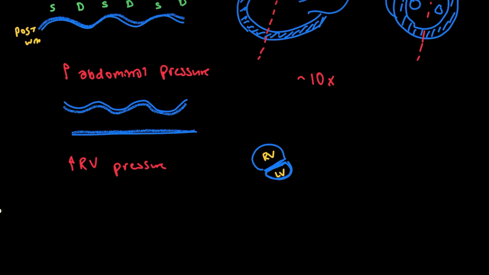And you can see how the septum is flattened and not moving as it should. So what will you see? Well, this time your posterior wall is moving normally, but your interventricular septum is just flattened and not moving at all with systole or diastole. That would be what you'd see with significant right ventricular volume and pressure overload.